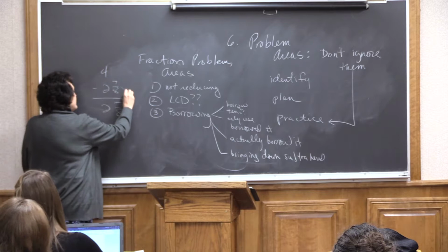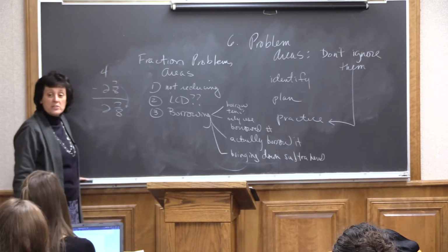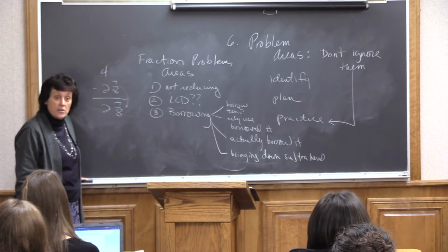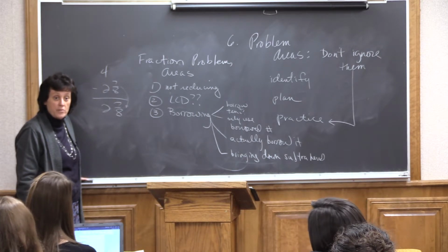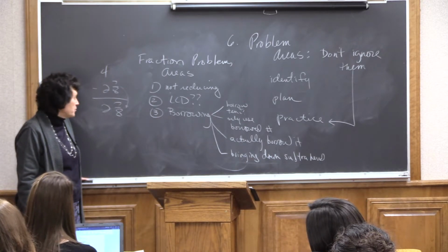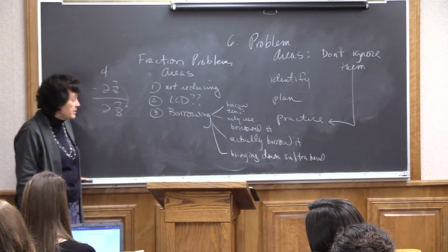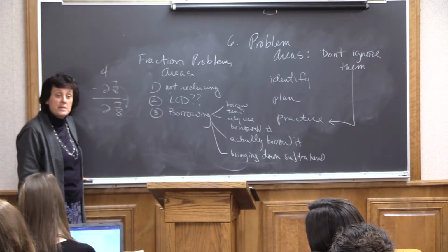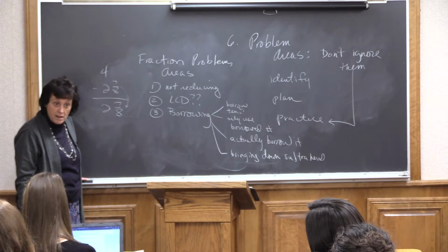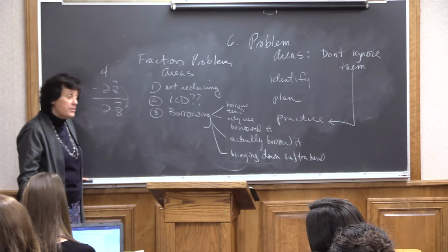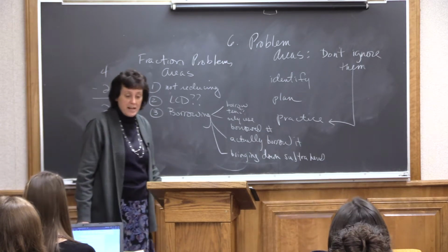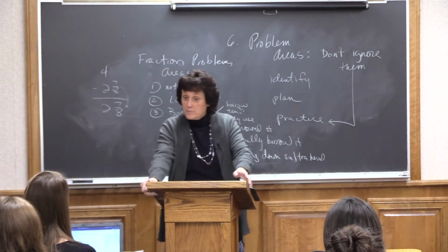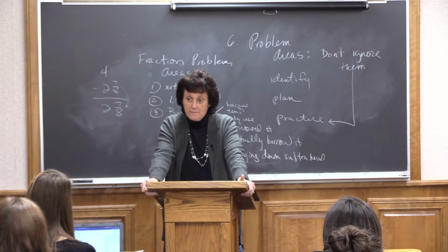It's very tempting to just bring this down, especially for a student who's in a hurry and just wants to get their homework done. It happens over and over again, and some people just don't catch it. So it has to be addressed, you have to plan to cover it and explain it, and you have to use the proper terminology all the time. So when I say don't bring down the subtrahend, they have to know what I mean by that.